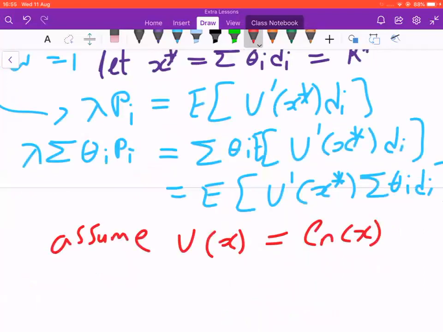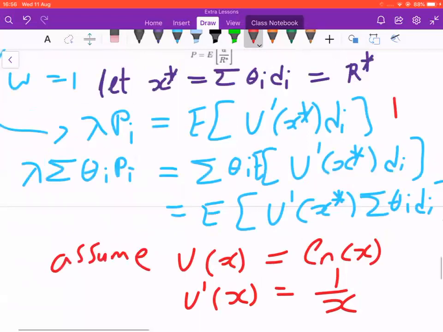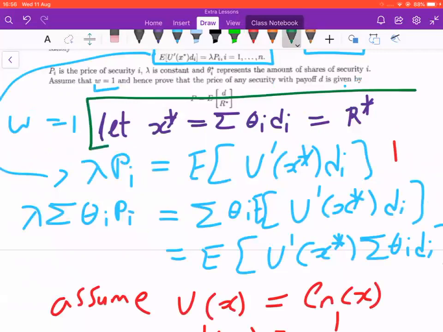If this is the case, the first derivative of the utility is going to be 1 over x, right? These two things are very important. I have just left them here.